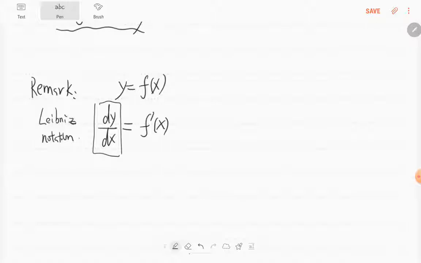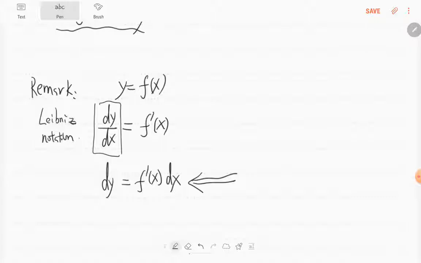The good thing about Leibniz notation is you can treat this as a fraction. Then you multiply dx on both sides, and you have dy equals f prime of x dx. It's very easy to memorize: you just start from the derivative and multiply dx on both sides.